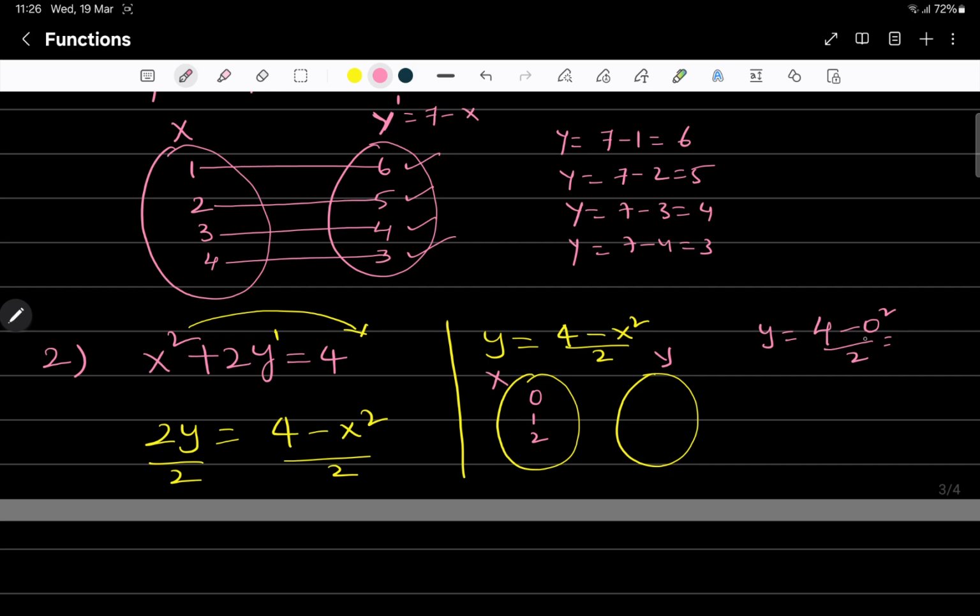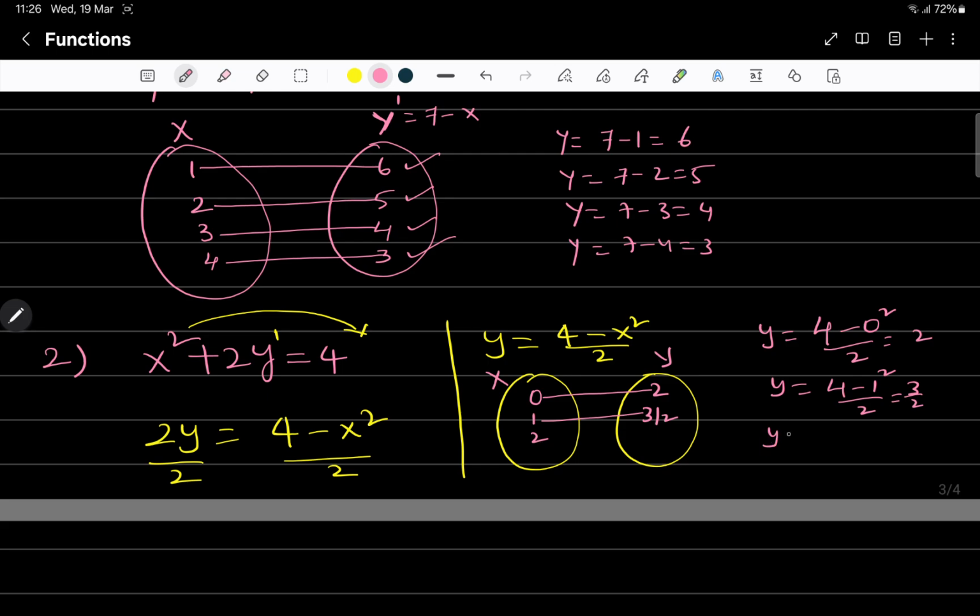So 0 square is 0, and 4 by 2 means 2. So for input 0, I am getting only one output, 2. Now give input 1. y is equal to (4 minus 1 square) by 2. 1 square means 1, 4 minus 1 is 3, so I am getting 3 by 2.